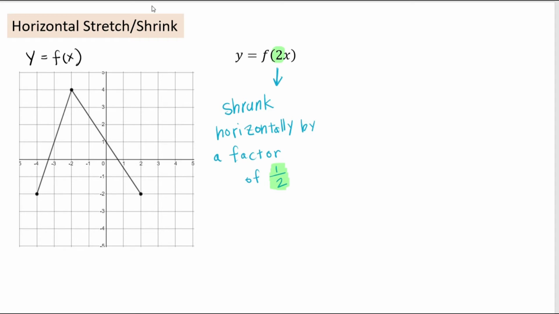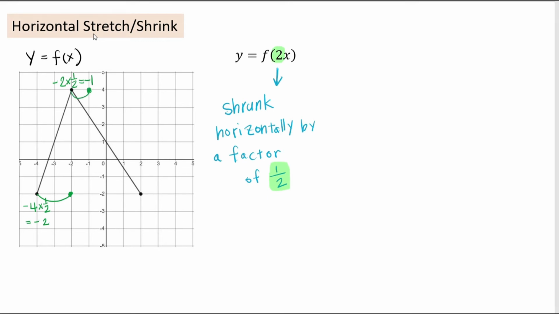At the point (-4, -2), the x value -4 becomes -2. At the point (-2, 4), the x value -2 becomes -1.